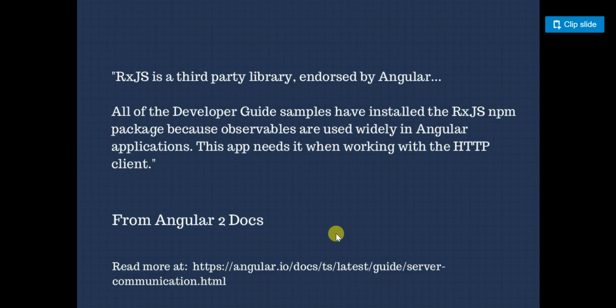All of the developer guide samples have installed the RxJS npm package because observables are used widely in Angular applications. So we hear straight from the guys at Google that RxJS is being widely used in all the demos in the Angular 2 docs. That's why I created a couple of slides to get us familiar with the basic concepts of it.